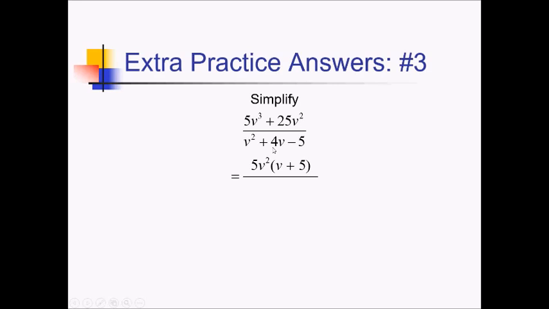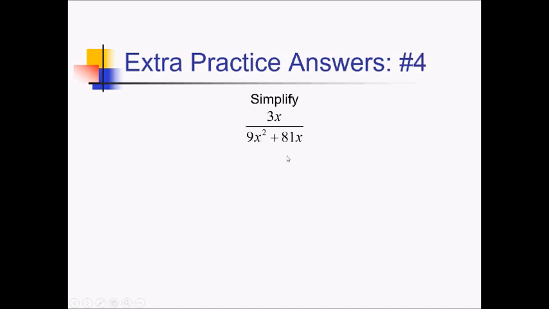Well, let's see. The only options are either 1 and negative 5 or negative 1 and positive 5. Negative 1 and positive 5 would give us positive 4 if we added those together. So I'm going to go with v minus 1, v plus 5. And then these v plus 5s cancel completely because those are the same factor. So then we end up with 5v squared in the numerator over v minus 1.